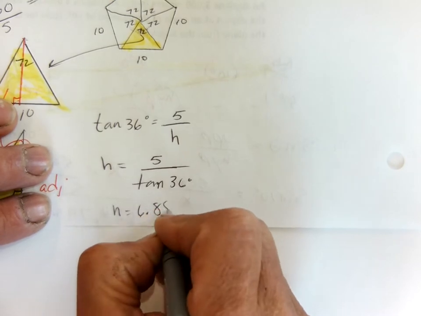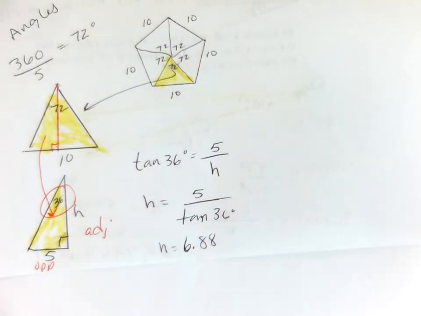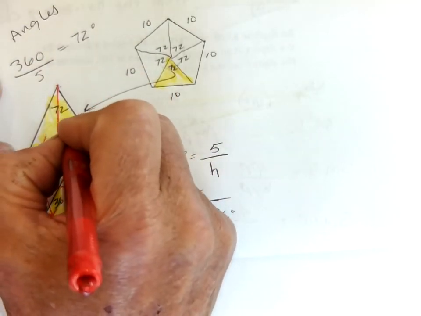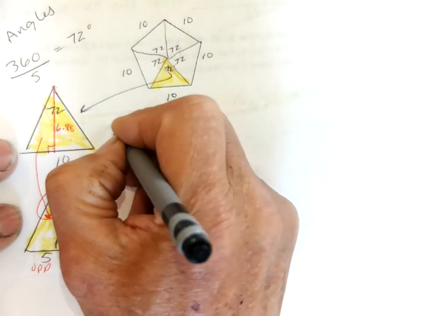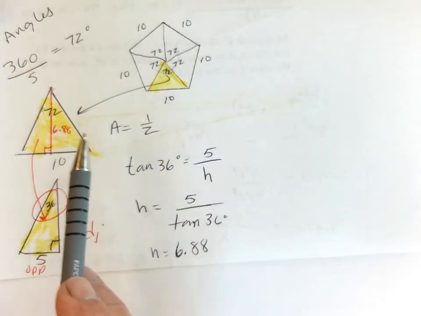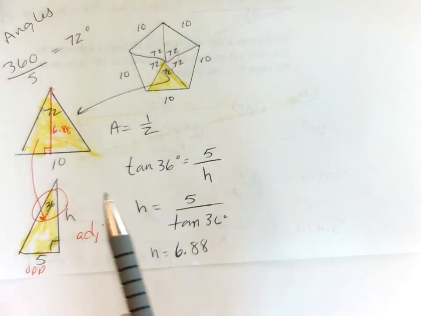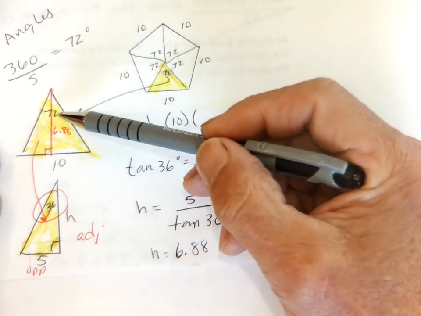Okay, I did use my trig, because now I can go back to this triangle. I know this height is 6.88. I can find the area of this triangle, because it's 1/2 base, which is 10, times its height, which I now know is 6.88.